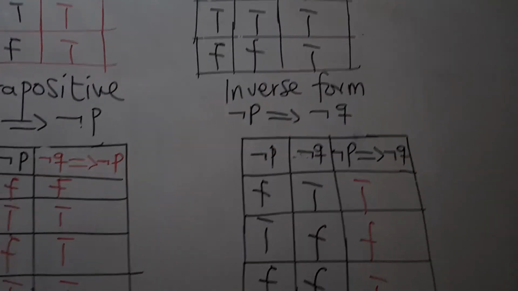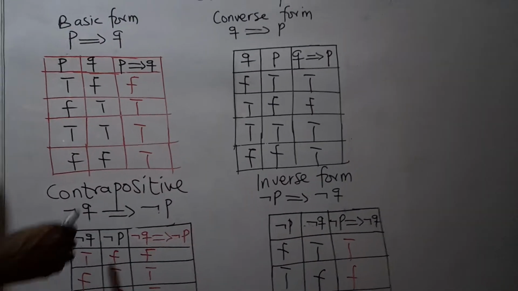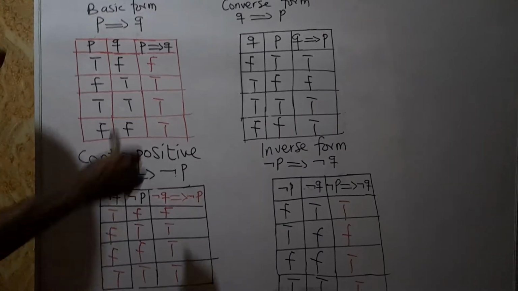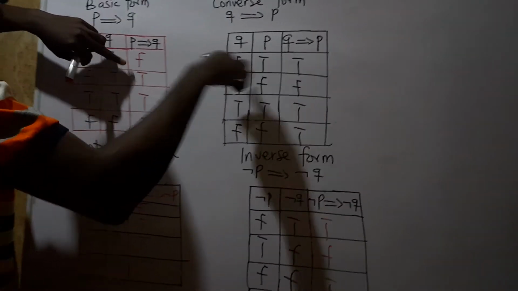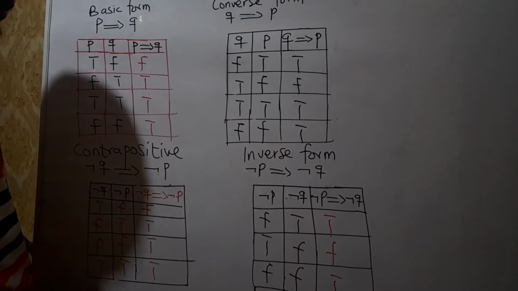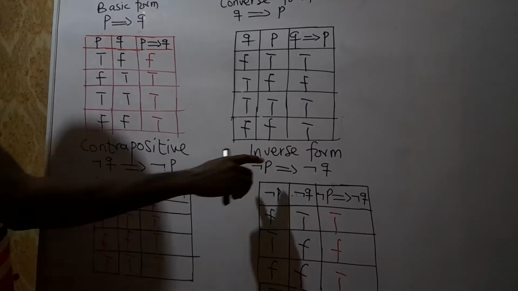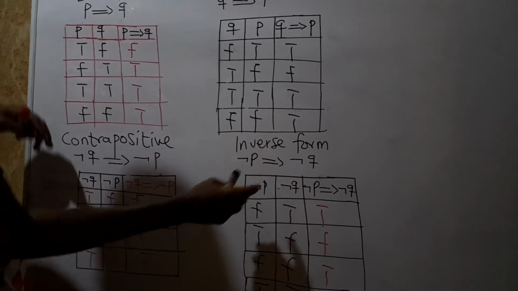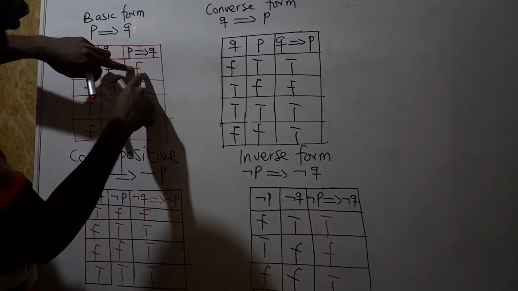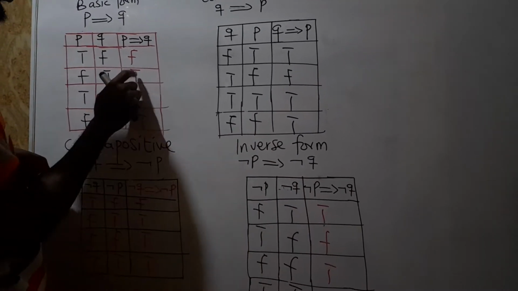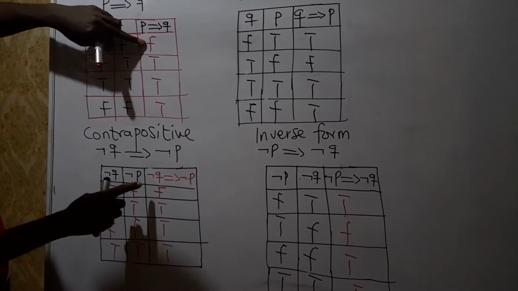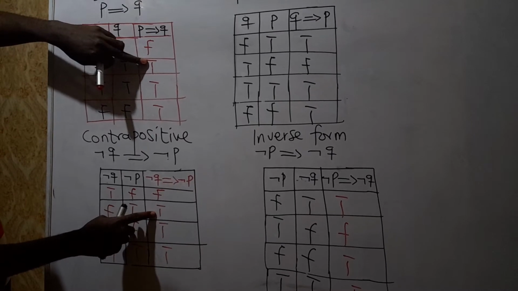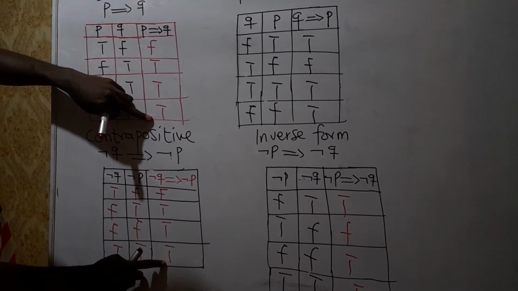Now let's see which of them has the same true value as the basic form. Let's check for the converse. We have false and there is true here. That alone shows that it's not equivalent. Now let's check for the inverse. We have false, true. That means it's not equivalent to the basic form. Let's check the contrapositive. See, false, false, true, true, true, true, true, true.